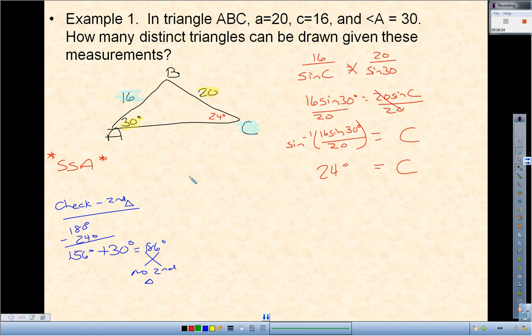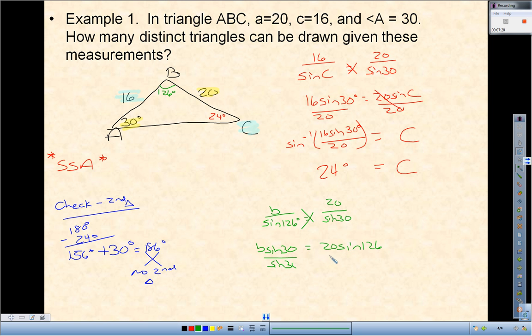Okay, with that being said, now I can find angle B. I can add these two angles up and subtract that from 180, so I'll get 126 degrees for this angle. Now I can find side B by doing B over sine of 126 degrees equals 20 over sine of 30. I'm going to cross multiply, so I get B sine of 30 equals 20 sine of 126.